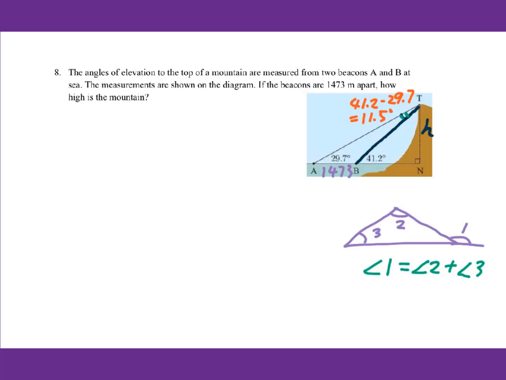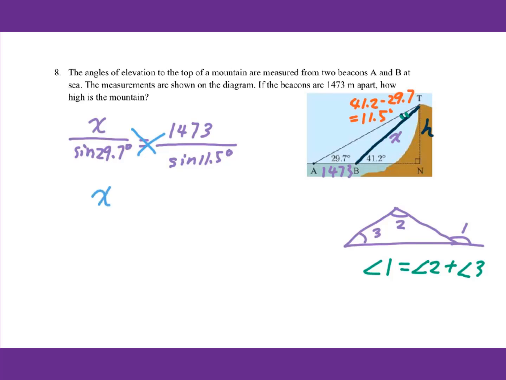Then we can use sine law to figure out this x. We got x over sine 29.7 degrees equals 1473 over sine 11.5 degrees. So cross multiply. The number that has the same line with the variable goes to denominator.